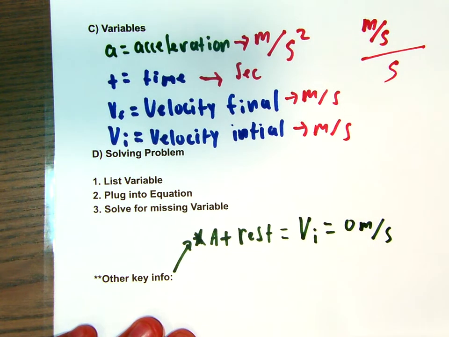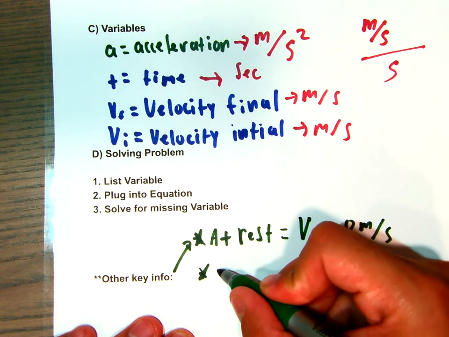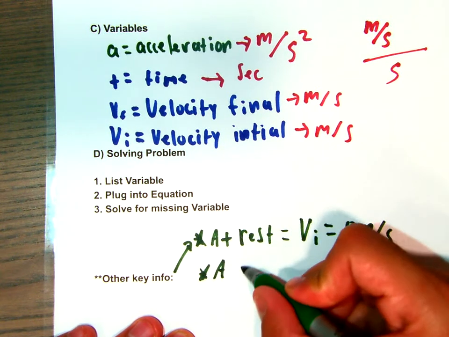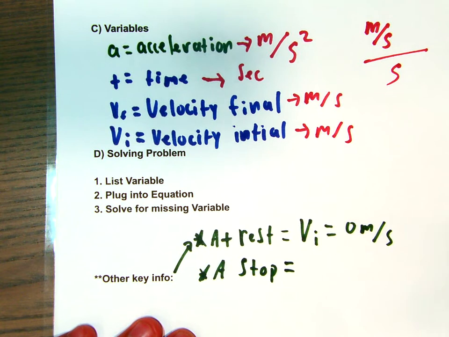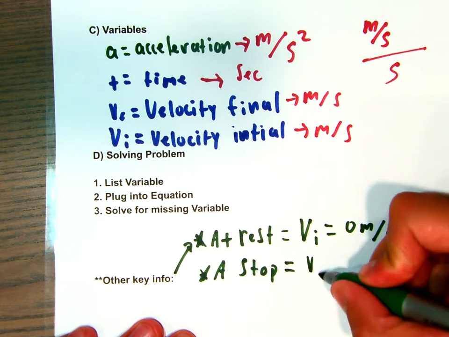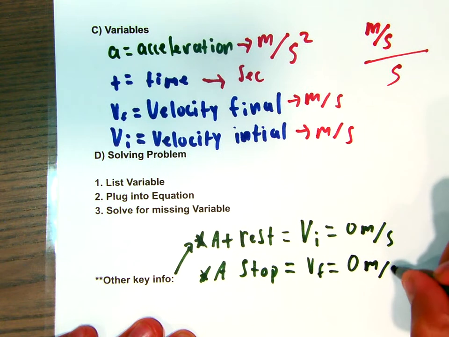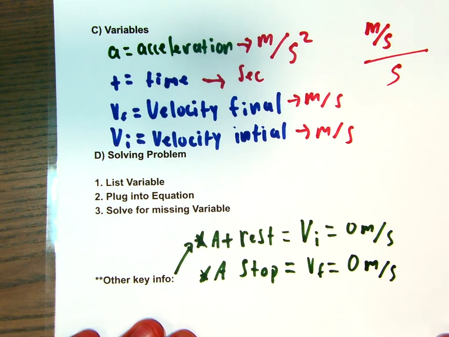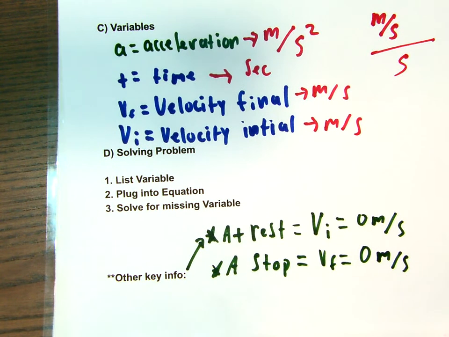Okay? Also, you might see something that says to a stop. So if something comes to a stop, well, that means you have a certain speed, but then you stop. So your final speed is 0 meters per second. Okay? So those are two key phrases that we want to look for: at rest or to a stop.